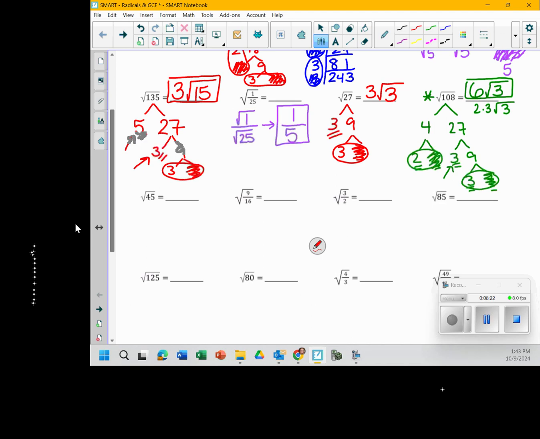Let's try the square root of 45. 45 is 3 times 15. 3 times 5, those don't break down. There's my pair. Here's my leftover. 3 outside, 5 inside. Again, if you looked at 45 and said, oh, it's 5 times 9 and broke it down that way, that is fine.